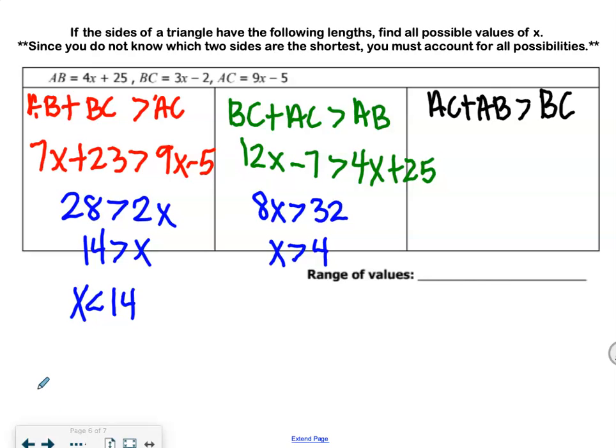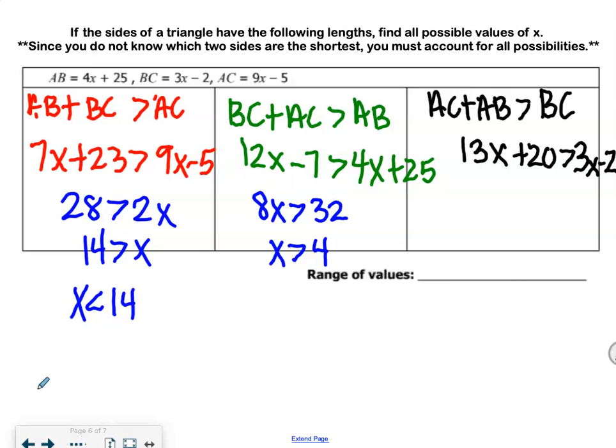We haven't done this one yet. Okay, so what is 9x plus 4x? 13x. Negative 5 plus 25 is greater than 3x minus 2.